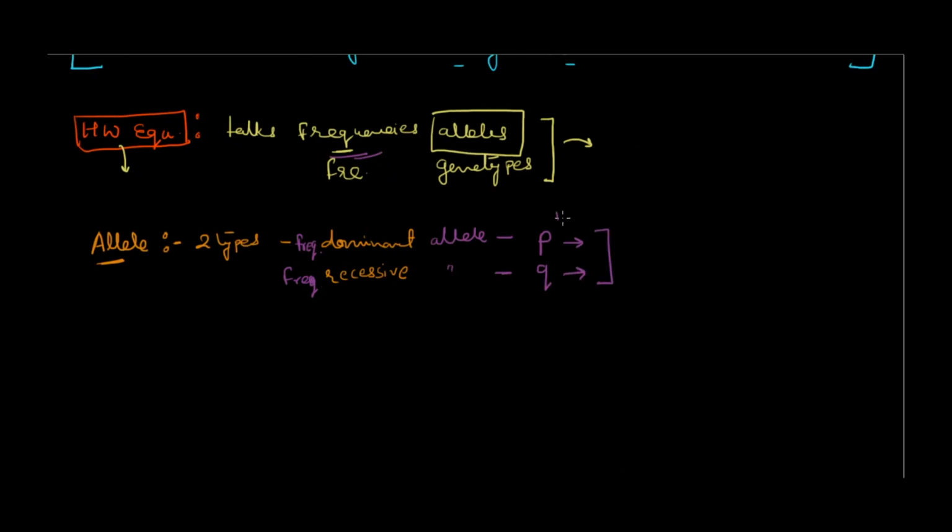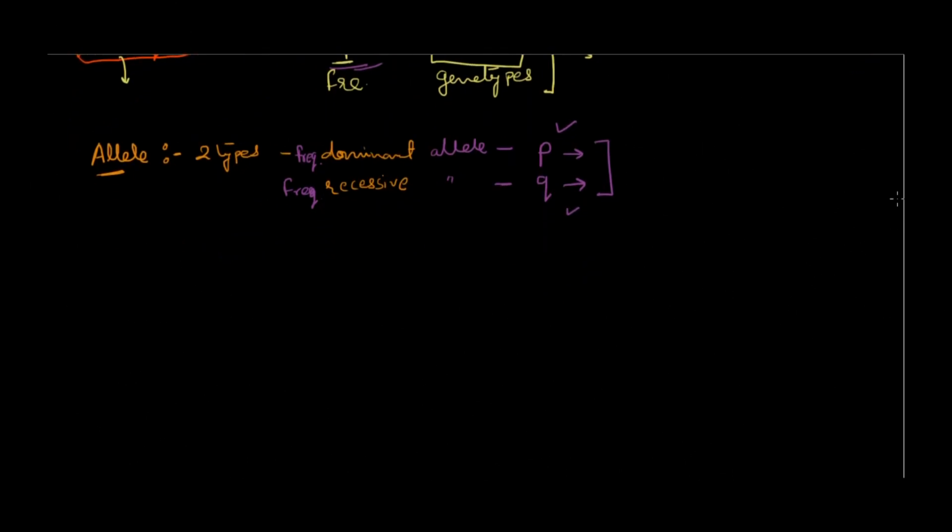Either there is p or there is q that is present. There cannot be any more alleles as of now. There can be more, but as of now we are assuming that only p and q are present in a population. So if only p and q are present in the population, that means together they make 100% of the population. Simple enough to understand, right?